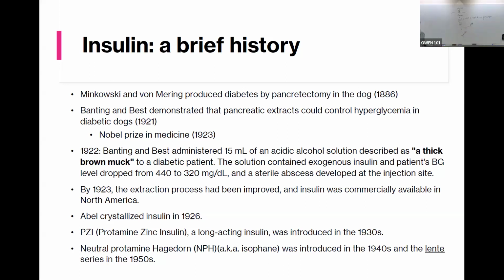Anyway, the extraction and commercialization happened in 1923. That's exactly 100 years ago, really, 101 years ago. And later on, insulin was crystallized.